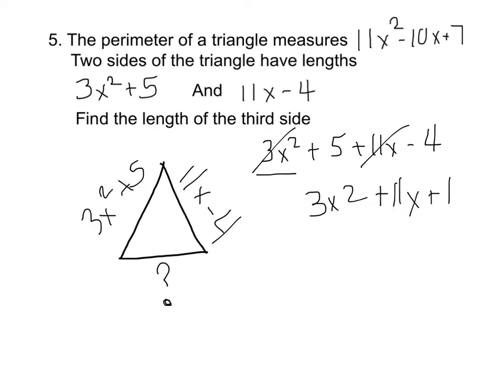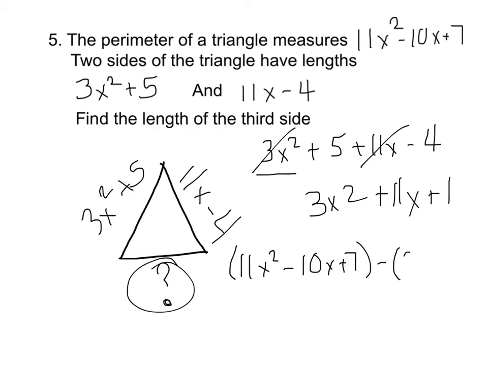Now to find the length of this unknown side, I'm going to take the sum of the two sides I do know, and subtract it from my perimeter. So I'm going to take 11x squared minus 10x plus 7 minus the sum of my other two sides, 3x squared plus 11x plus 1. And remember, when we're subtracting polynomials, the first thing we want to do is get rid of that subtraction sign.